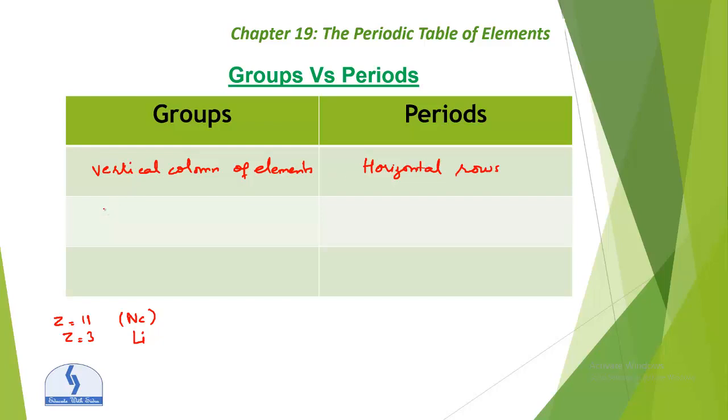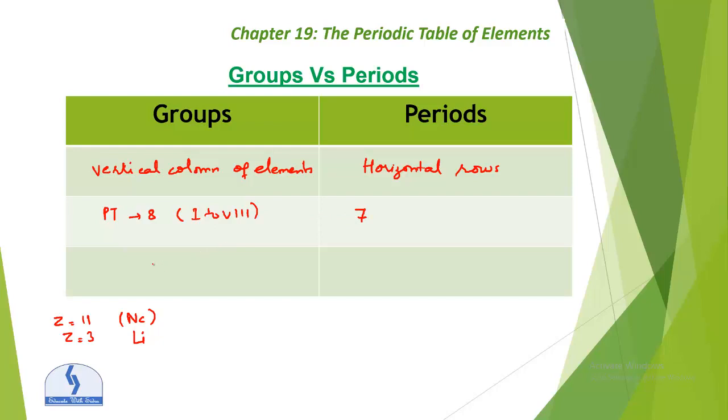The periodic table consists of 8 groups, that is 1 to 7 and group 0, so we can say 1 to 8 groups, or the eighth we can say is group 0. And the periods are 1 to 7. There are 7 periods in the periodic table.